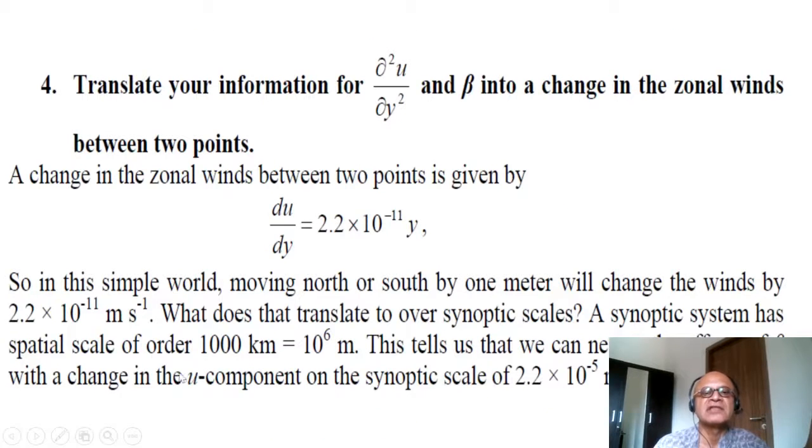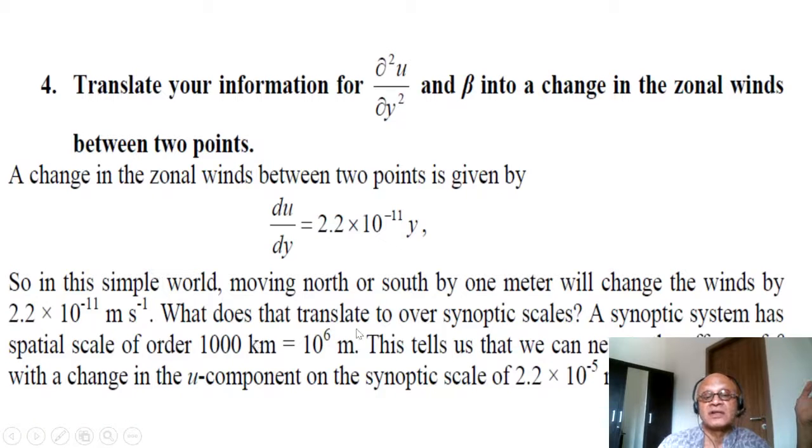Now you have to translate this, d²u/dy² and beta, into a change in the zonal winds needed to negate environmental beta between 2 points. So a change in the zonal winds between 2 points is given by du/dy, so 2.2 times 10 to the minus 11 y. So in this simple world, moving north or south by just 1 meter will change the winds by 2.2 times 10 to the minus 11 meters per second.